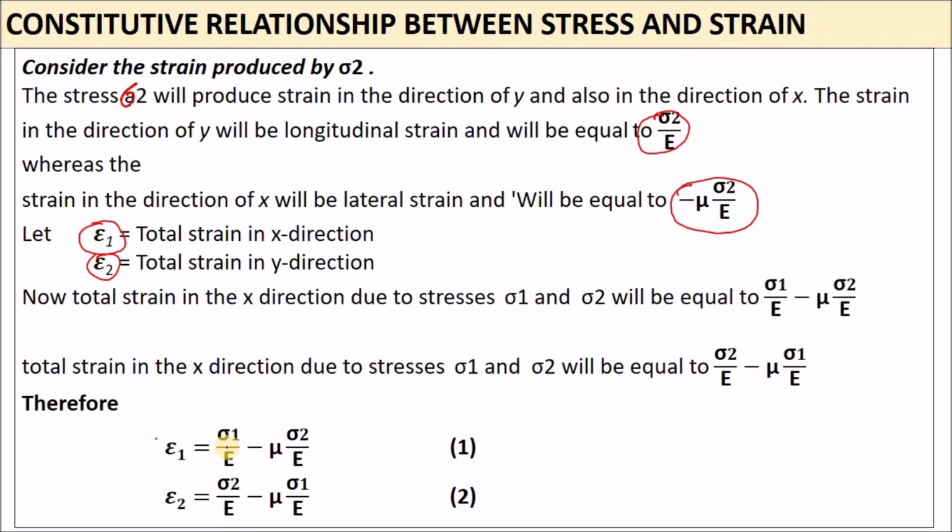So epsilon 1 in x direction will be due to sigma 1 by E, due to sigma 2 minus mu sigma 2 by E. So strain in x direction equal to sigma 1 by E minus mu sigma 2 by E. If sigma 1 and sigma 2 both are equal, at that time you can write sigma by E (1 minus mu). In y direction, sigma 2 by E minus mu sigma 1 by E.